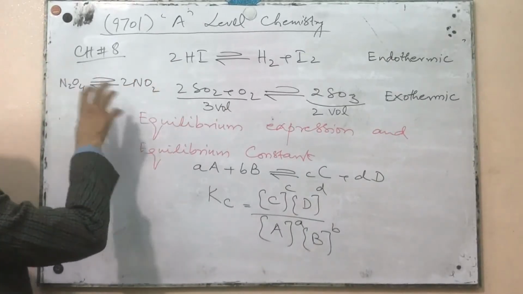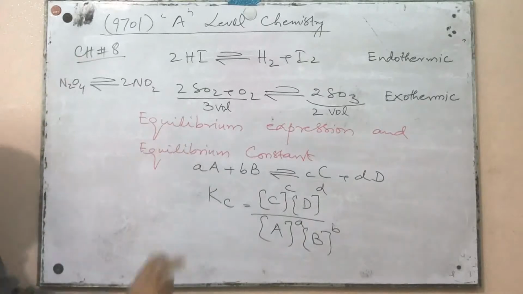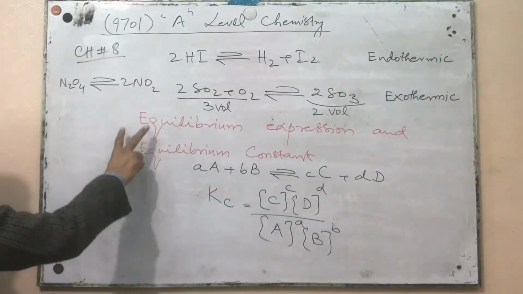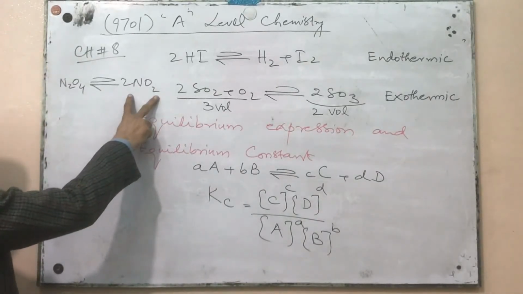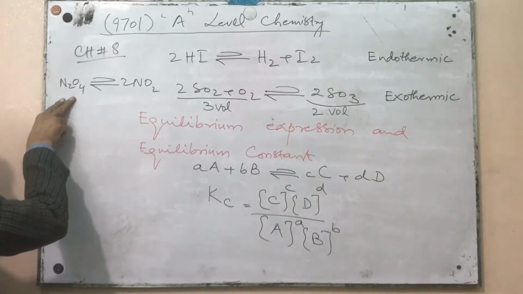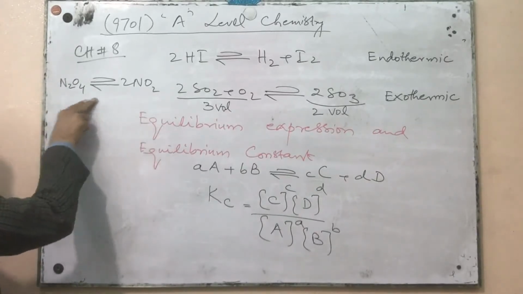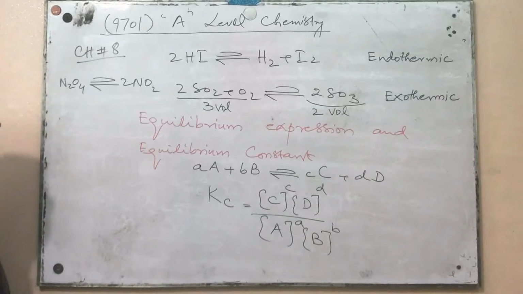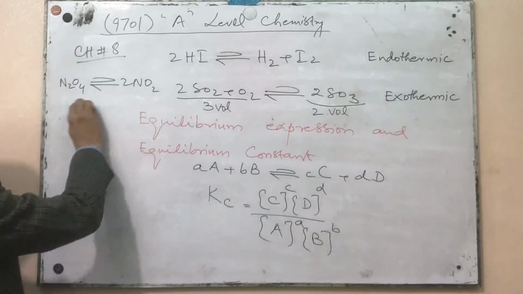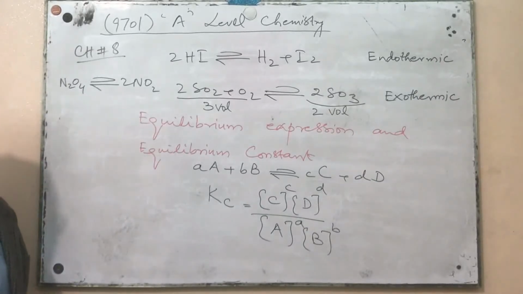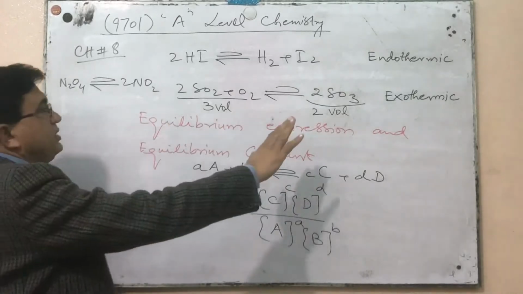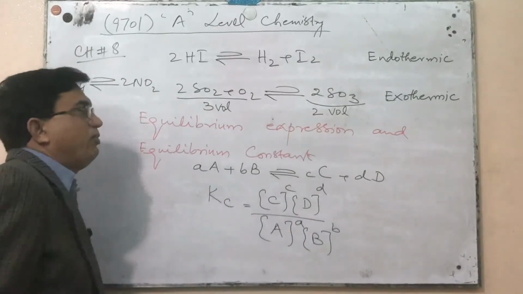If we increase the pressure on the equilibrium mixture, then definitely this NO2 gas will change into N2O4 and the reaction will move in the backward direction, or the reaction position will be shifted towards the left. And this is the effect of pressure.